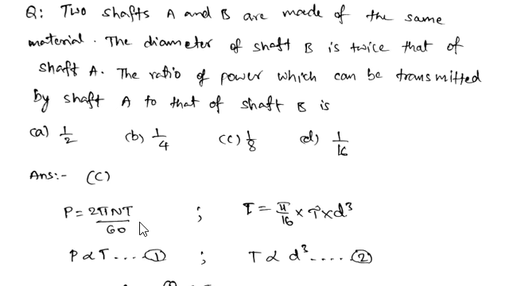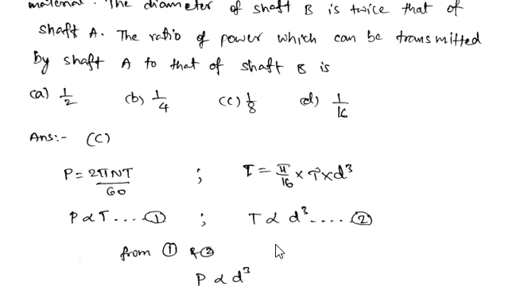So we know power transmitted by a shaft is 2 pi NT by 60, and here I can assume a solid shaft itself, nothing is mentioned. And one more thing we can write, torque is pi by 16 tau d cube, and from these two equations we can say power is directly proportional to torque, and torque is proportional to diameter cube.